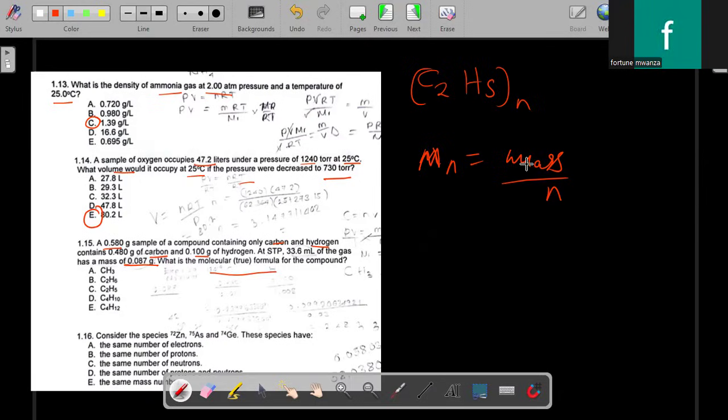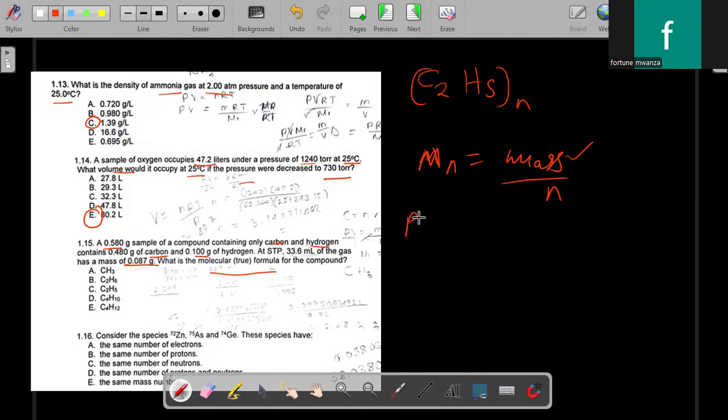I've been given the mass of the true molecule, which is 0.087. So I have the true mass, and all I need is the number of moles. So how do I get the number of moles? I use the ideal gas equation.